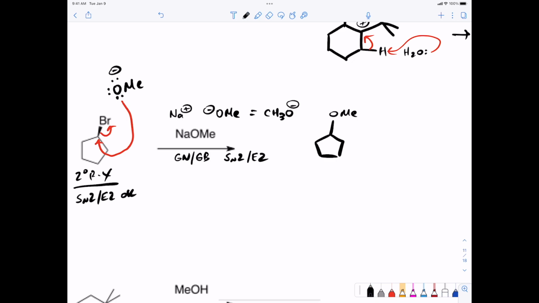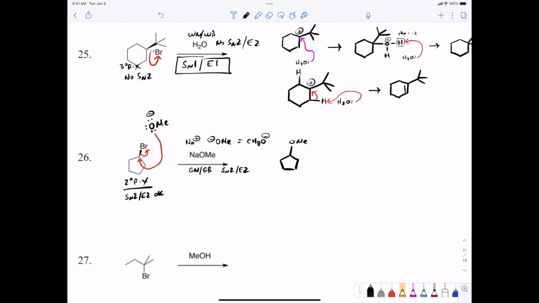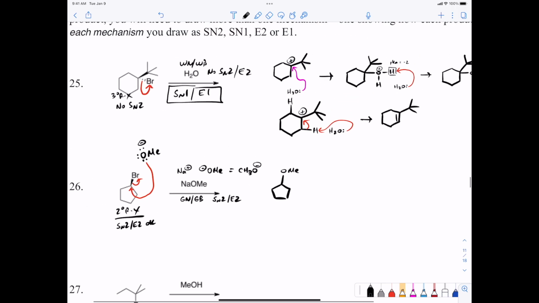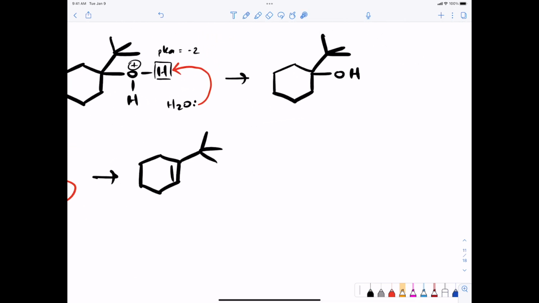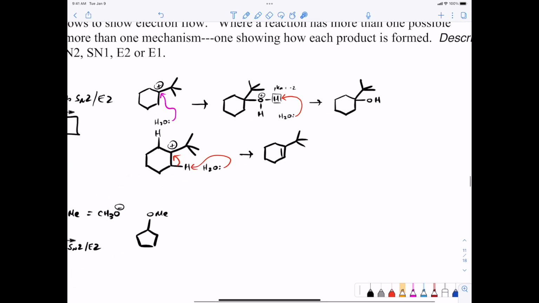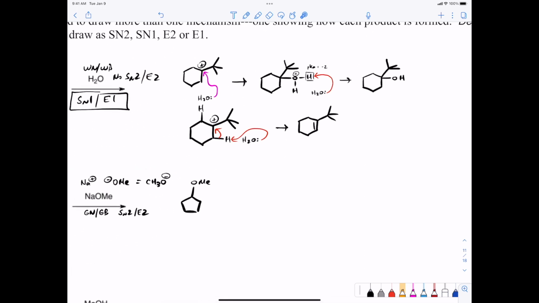Yes? Just making sure for the SN1, you said that if it's not a chiral molecule and you have a receipt picture, you can just do without any front or back wedge, and that would be the right answer as well. If I mean that I get both possible configurations at a stereocenter, then yes, I don't need to use dashes and wedges. In the examples we've seen so far, that's not even an issue because this is not a stereocenter.